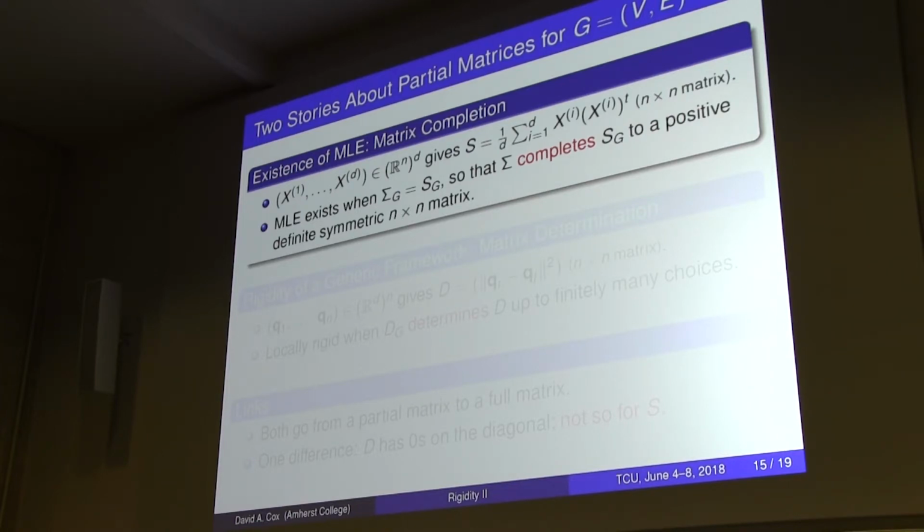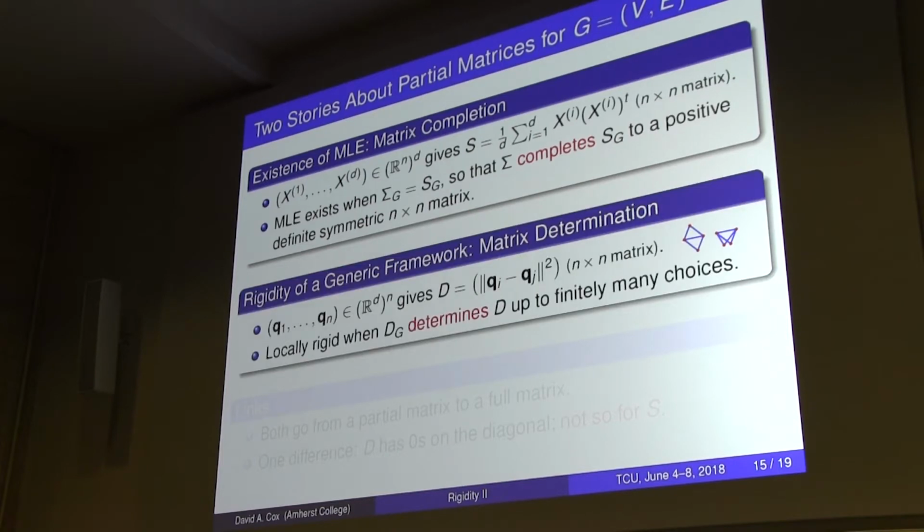So again, our data gives the sample covariance matrix, and the MLE exists when I can complete this to a positive definite symmetric n-by-n matrix. And so the MLE is sort of a matrix completion problem. But now suppose I want a framework to be rigid.